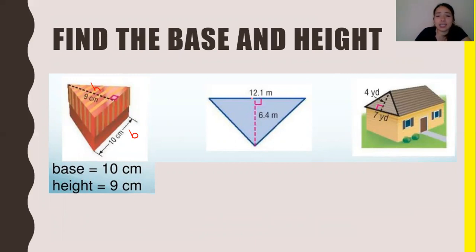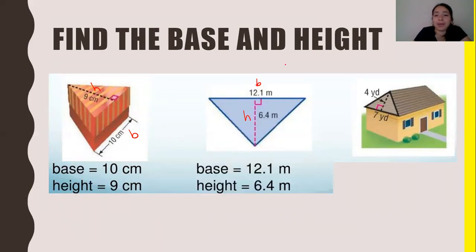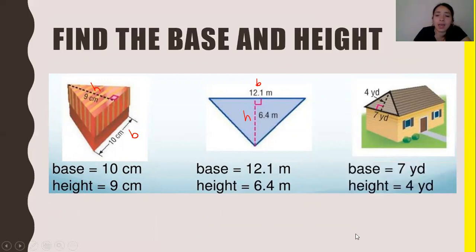Looking at this, inside of it is my height, and that's my base. My base is 12.1 meters, my height is 6.4 meters. And for our last one, we know that our height is on the inside, and this is our base. So our base is 7 yards, our height is 4 yards.